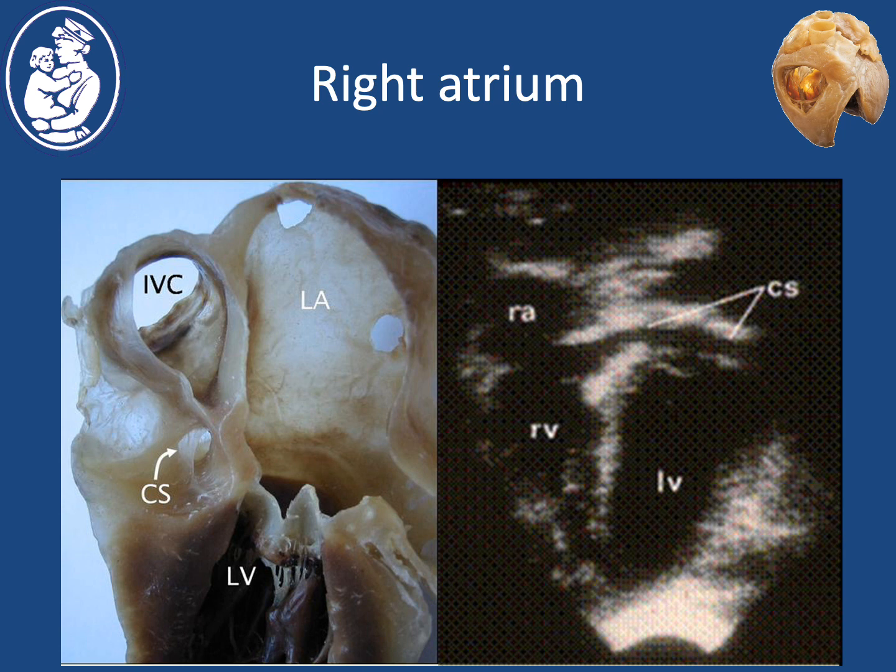The echocardiogram in the right panel is an apical view angled posteriorly to show us the inferior or posterior surface of the heart. Here in the left AV groove, we can see the length of the coronary sinus and then see it connect with and drain into the right atrium.